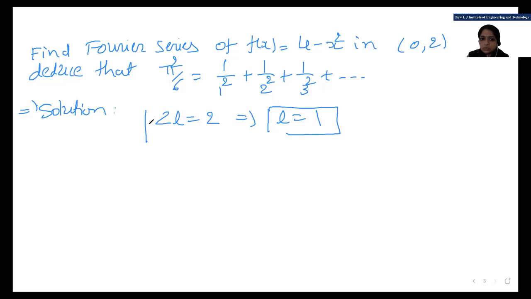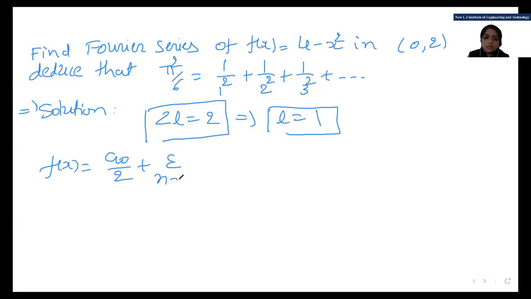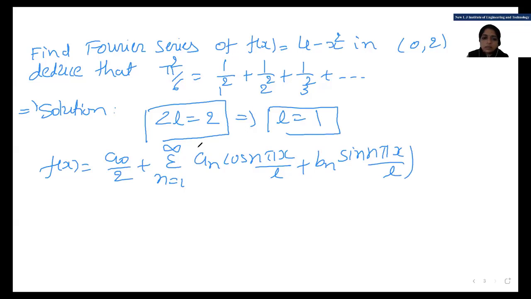So 2L is equal to 2, which implies L is equal to 1. And our Fourier series f of x is a0 by 2 plus summation n 1 to infinity an cos n pi x by L plus bn sin n pi x by L, right?